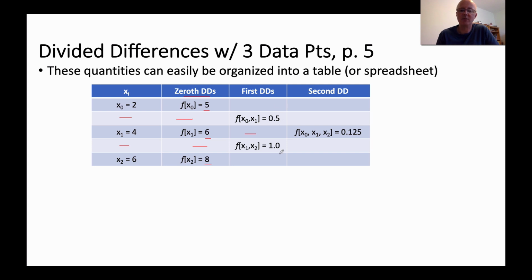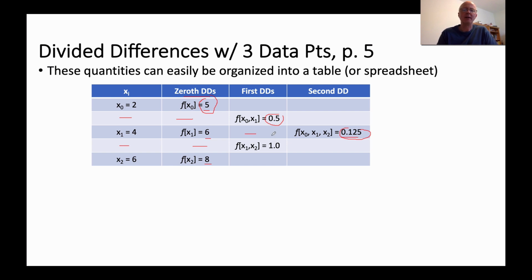There was the 0.5, there's the 1, and here's our second divided difference, the 0.125. And the numbers on this upper diagonal, from upper left to lower right, are the a0, a1, and a2, the coefficients of the interpolating polynomial in the Newton form. Not the coefficients of x squared, x, and the constant term when you simplify it, though the x squared term coefficient will be the same as a2.